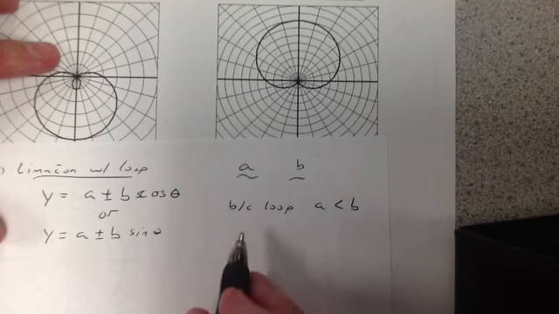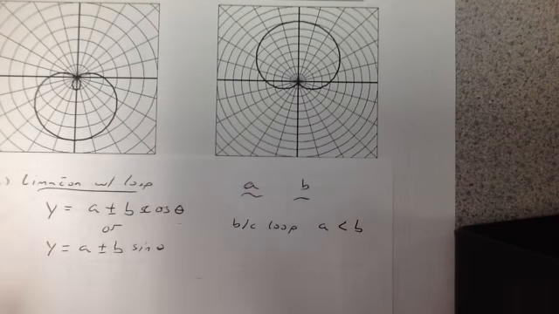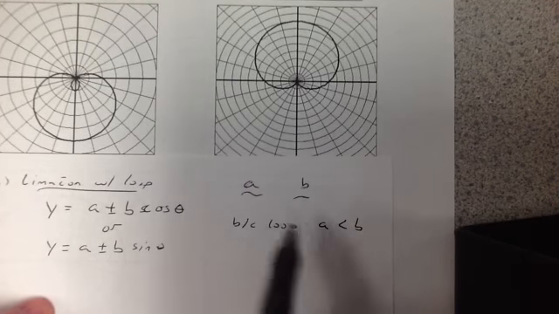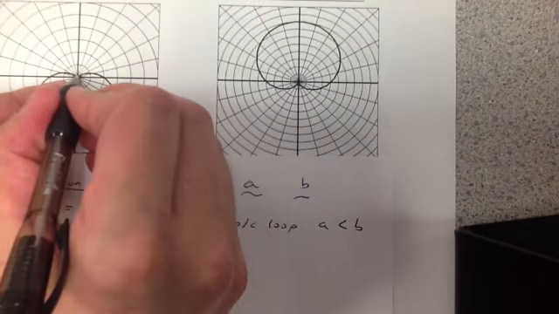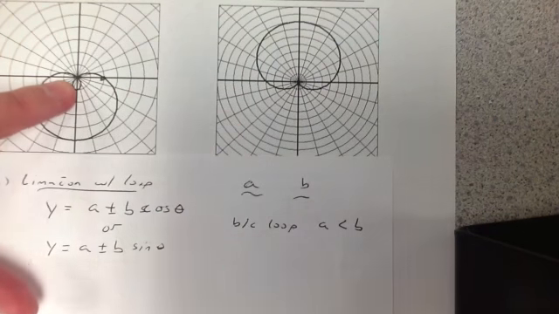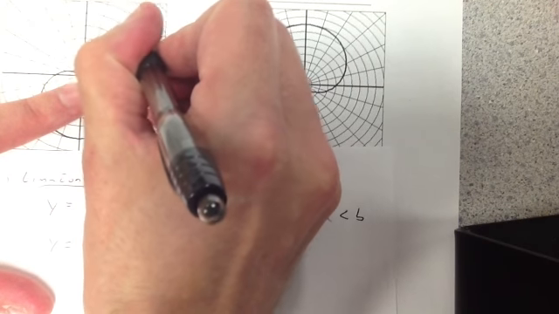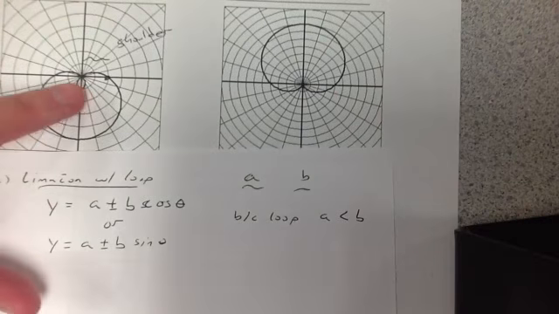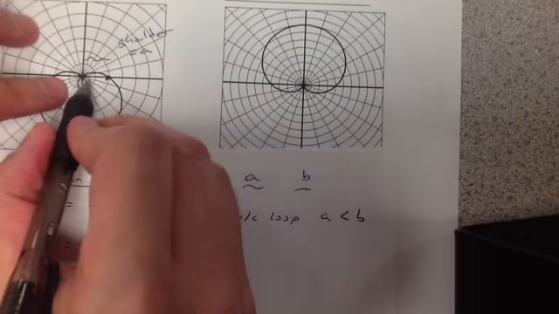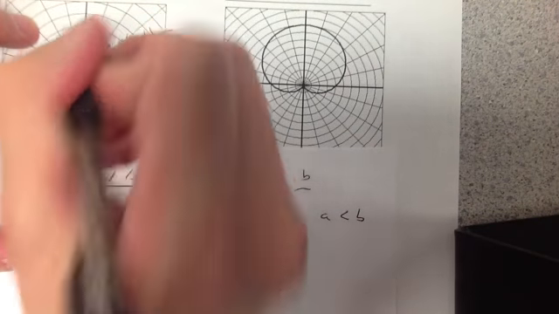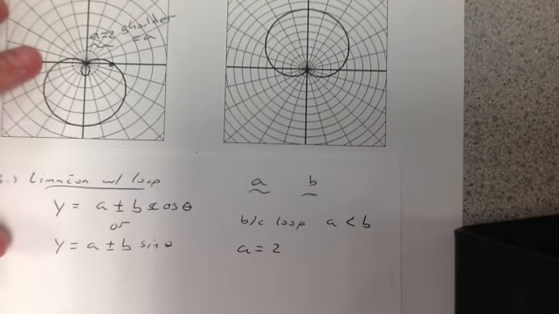How we get the equation of a limaçon is very easy to do. Identify that it's going to be a loop. We now have to find a and b. To get a, from the center I'm going to measure out to where it crosses an axis, whether it's the y-axis or the x-axis, doesn't matter. This is what we call the shoulder of the polar function, and the shoulder is always a. In this case, if I count out 1, 2, a is 2. So the next question is, how do we find b?